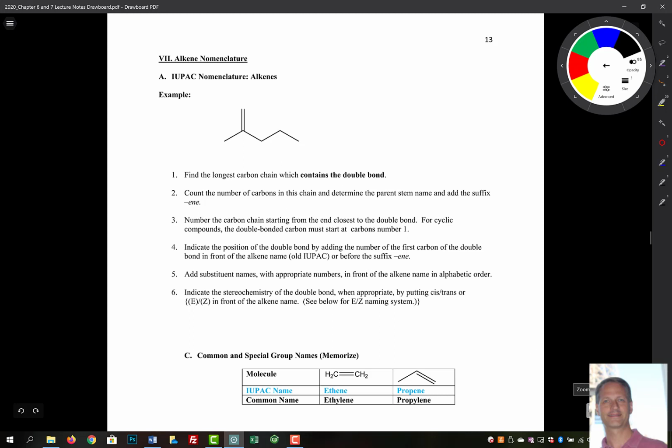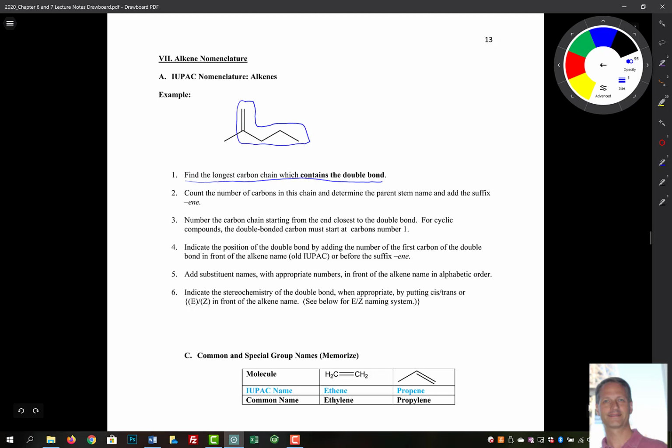The nomenclature of alkenes follows that of alkanes in many ways. So it's fairly straightforward to go through. What we're going to do is find the longest carbon chain which contains the double bond. So when we look at the structure up above, that is the longest carbon chain that has the double bond.